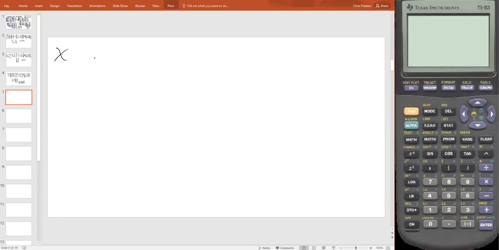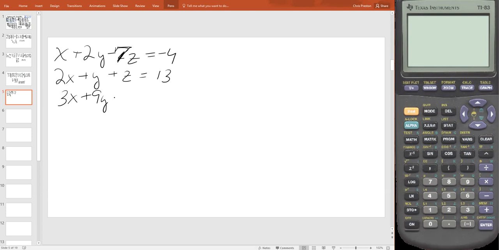So x plus 2y minus 7z equals -4, and then 2x plus y plus z equals 13, and 3x plus 9y minus 36z equals -33.